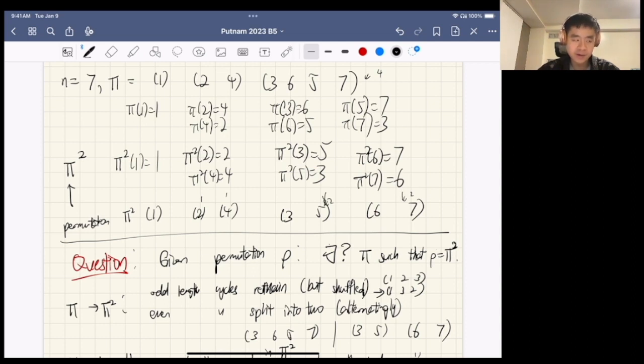In the sense that you kind of know that these two must come from the same cycle in pi.